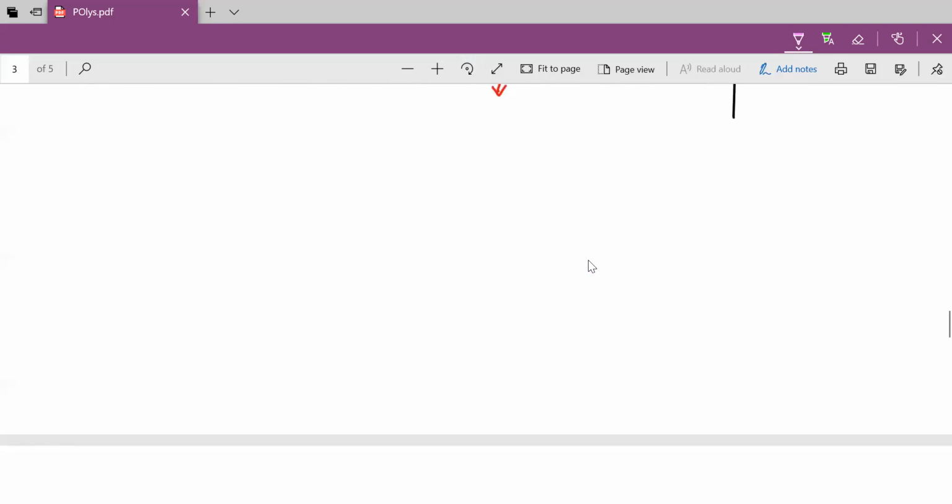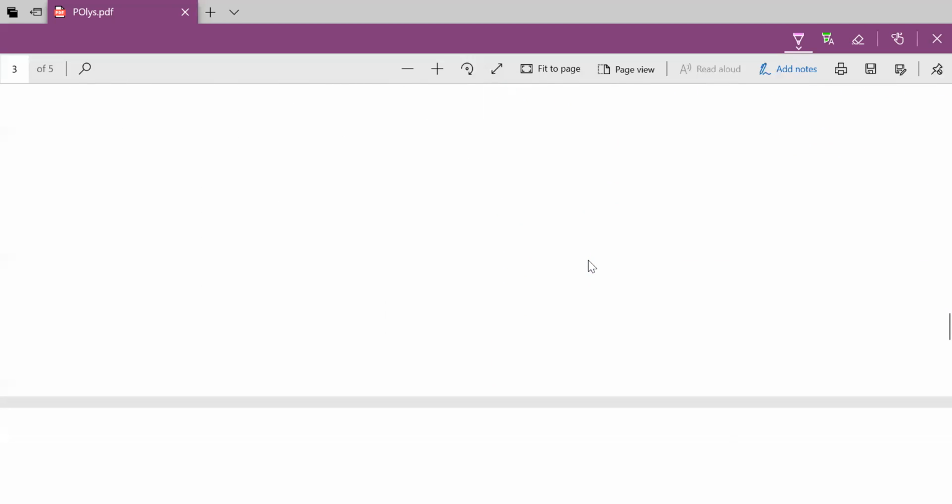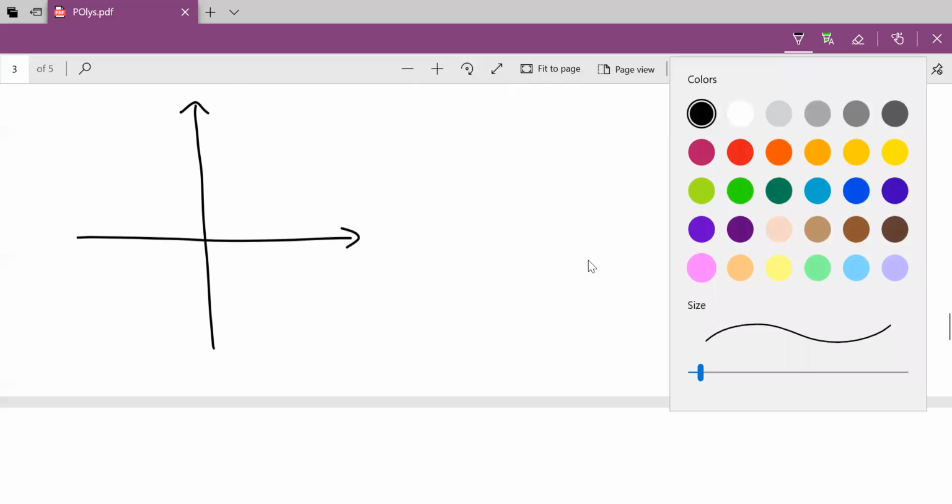Guess what? If I can give you the function and you can make me the graph, then I need you to be able to go the other way. So I'm going to draw us a pretty graph.